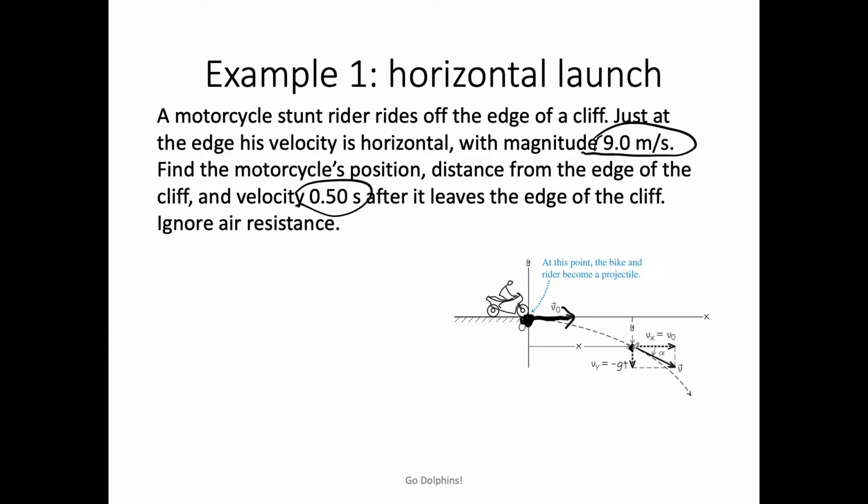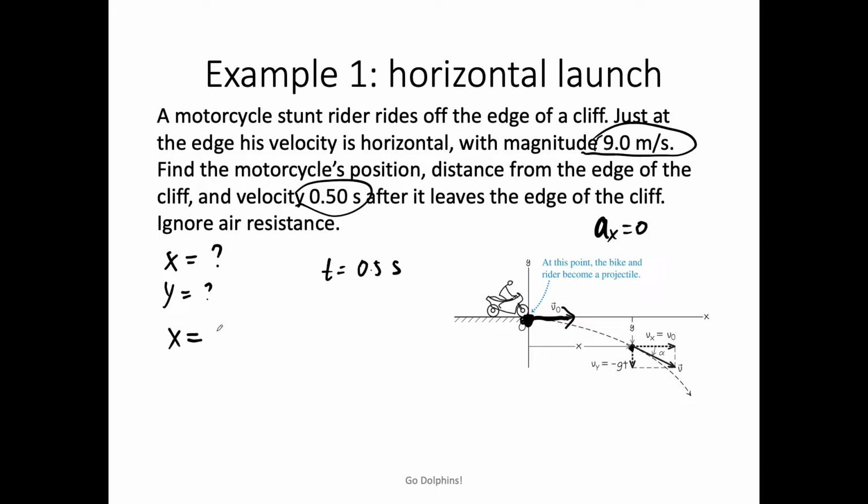What we want to find out is x and y for t equals 0.5 seconds. And the x direction is constant velocity motion, right? ax is 0. So constant velocity motion in x direction.